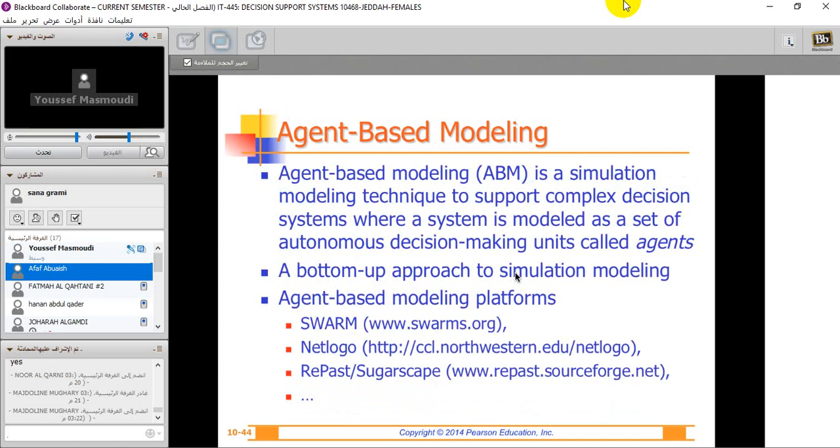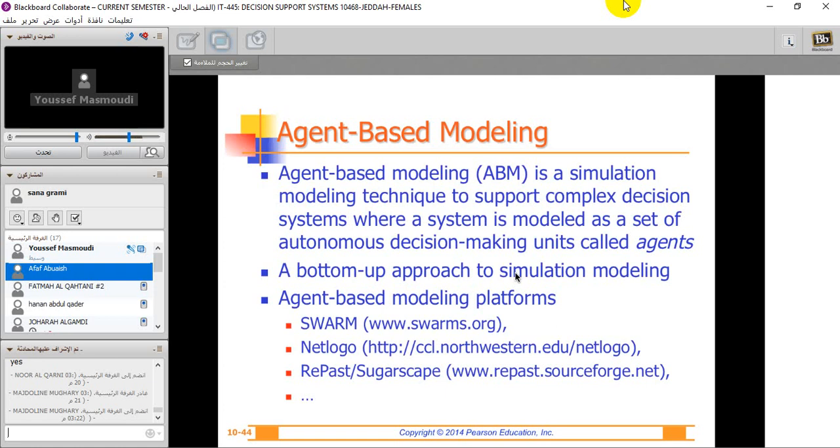Agent-based modeling, or ABM, is a simulation modeling technique to support complex decision systems where the system is modeled as a set of autonomous decision-making units called agents. It is a bottom-up approach to simulation modeling.